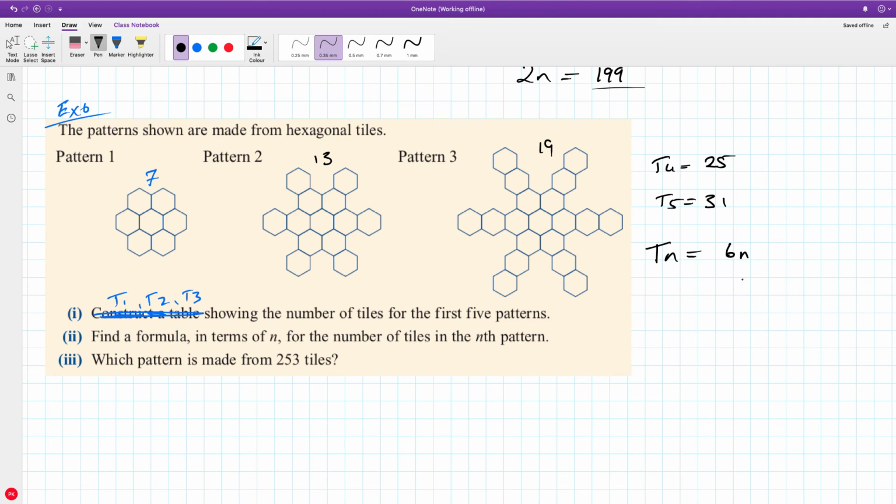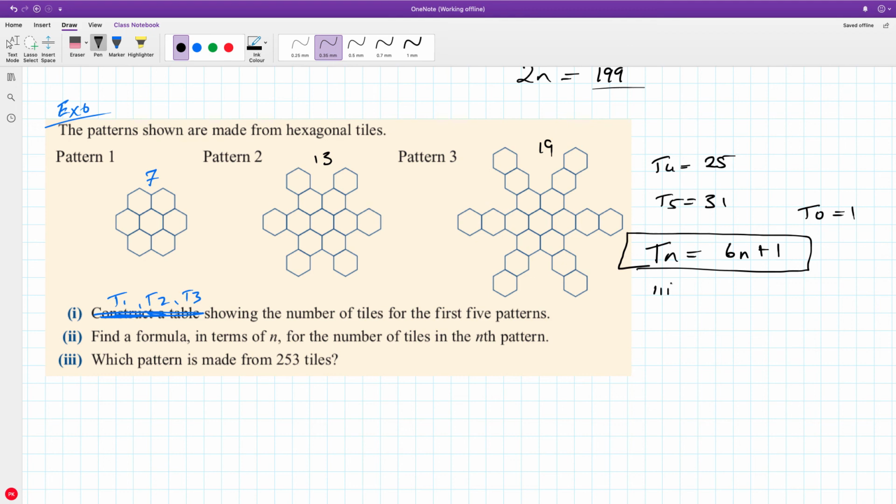Yeah, Dn plus T0, which is 6n plus 1. That's alright, as long as you have that written someplace. Oh yeah, you have to find T0. T0 is 1.